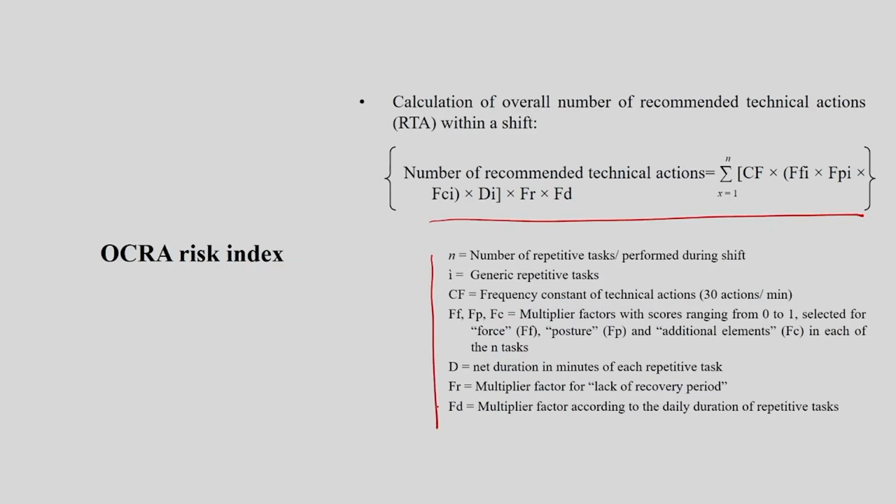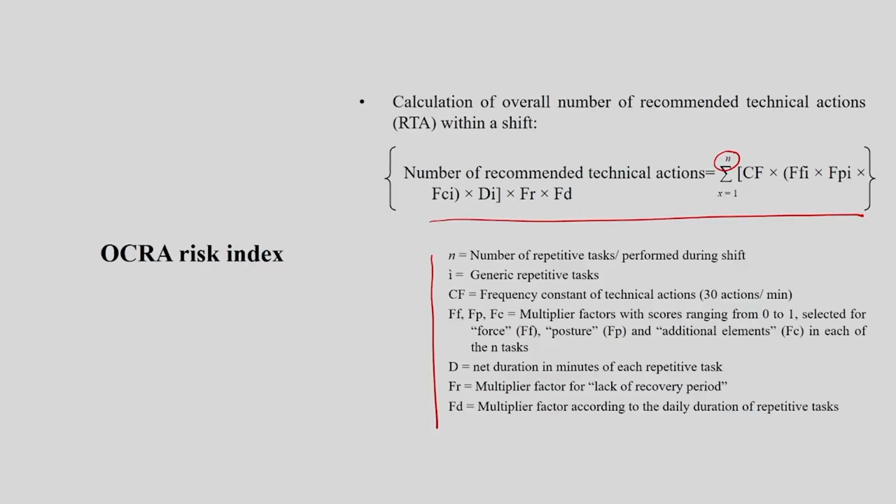Now, let us understand the meaning of all these variables. You can see we can do up to n numbers, the number of repetitive tasks performed during the shift. Suppose you have 4 such repetitive tasks. You have to do it for each of the 4 tasks and then sum it up. I is the generic repetitive task and CF is the frequency constant of technical action, that is 30 actions per minute, a constant value.